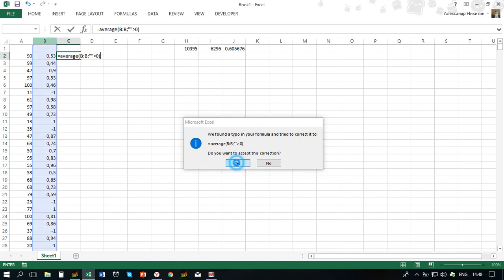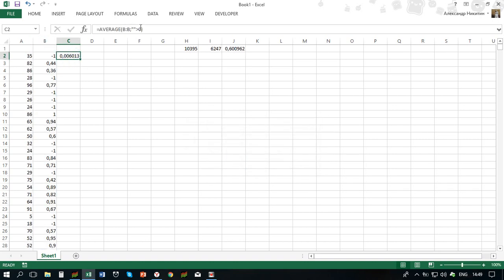We found a typo, this should be this way, more than 0. AVERAGEIF. So you can see the average winner is 0.67. So on average you generate 0.67 and you lose 1.